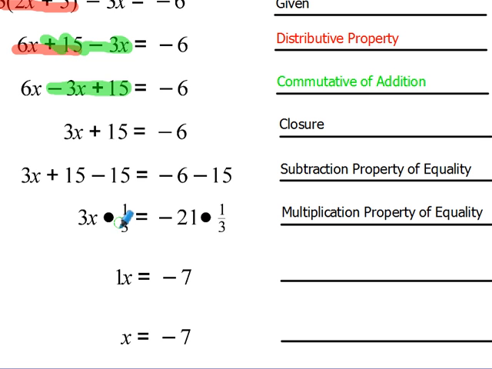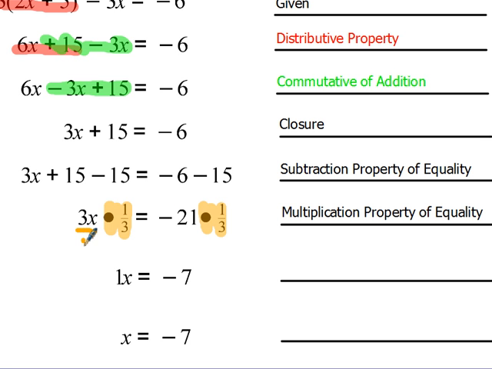And over here we times by 1/3, times by 1/3. And we call that the multiplication property of equality. Now, on this side, we times 1/3 to both things. So each thing was times by 1/3. And we should know that we can make anything a fraction by putting it over 1.